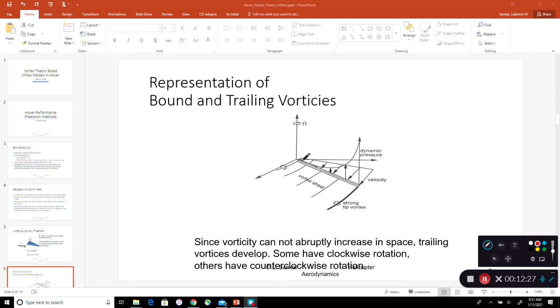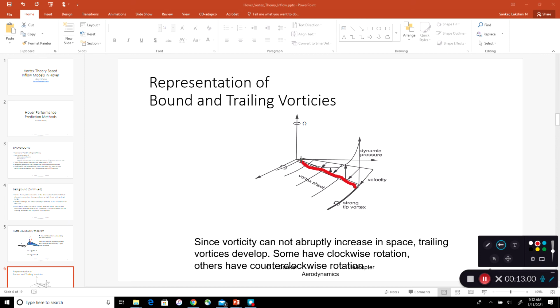So this line here is the blade. And then you have a cutout here, and this is the blade tip. So all along the blade, there is a bound circulation that is coming from root to tip. Okay, so let me see if I can go to the full screen and still see my marker.